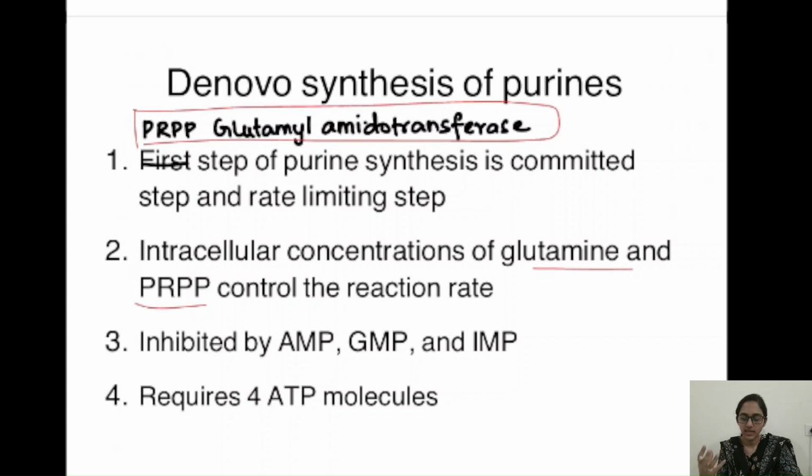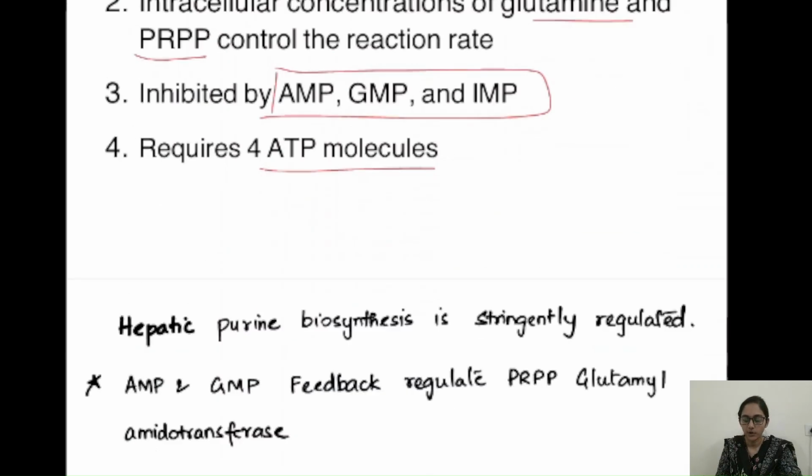Both of these will have an effect on the rate of purine synthesis. The products will be AMP, GMP, IMP. If there is an increase in products, it is of course going to inhibit the de novo synthesis. It also involves utilization of ATP molecules.